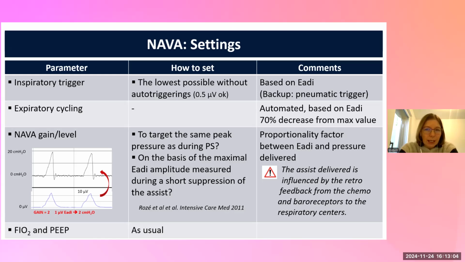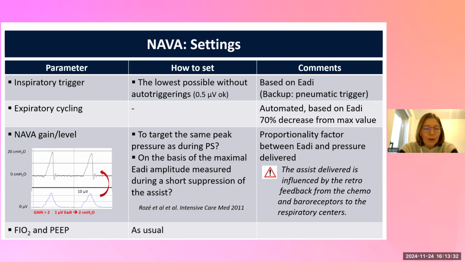Regarding expiratory cycling, you cannot select anything with NAVA. The system is automated, and the system is going to switch from inspiration to expiration when there is a decrease on EADI value at 70% of the maximal value. But this is fixed, and you cannot set that. Finally, you can set a proportionality factor, which is the NAVA gain or NAVA level.